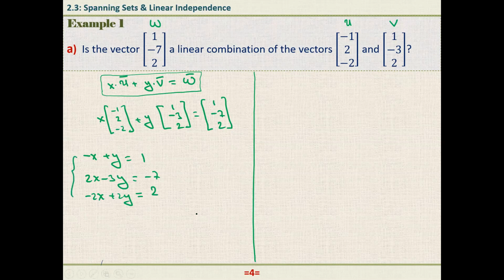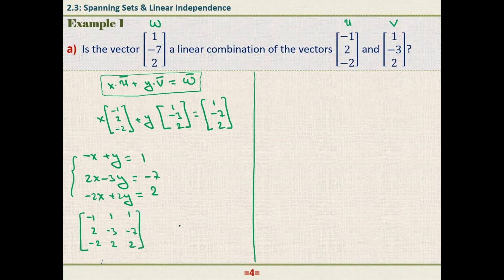To solve this, first we need to form our augmented matrix. I can write it as rows: -1, 1, 1; 2, -3, -7; and -2, 2, 2, where the augmented column is 1, -7, and 2.